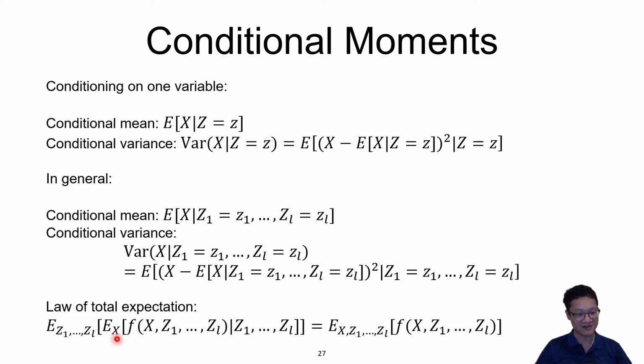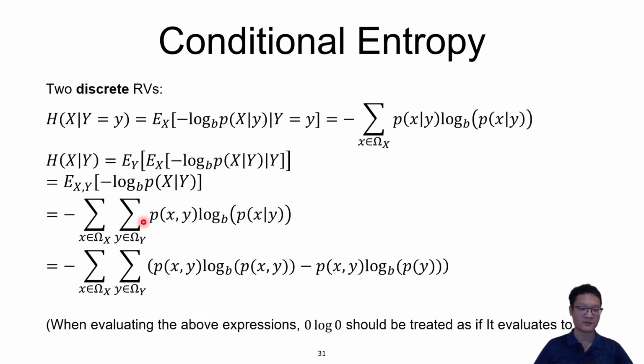The pattern is a nested expectation where the inside expectation is conditional given the same variables as the outside expectation. If you go back to the entropy slide, the inside expectation is given y, which is the same as the outside expectation. So now we can merge them into a joint expectation.